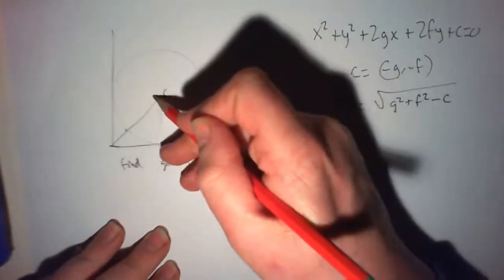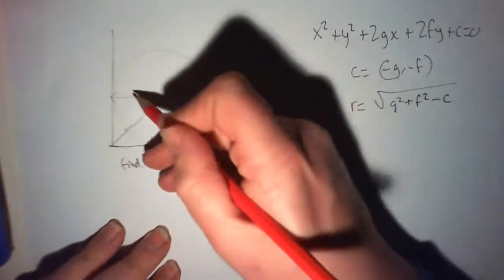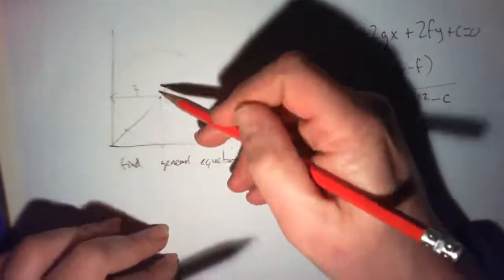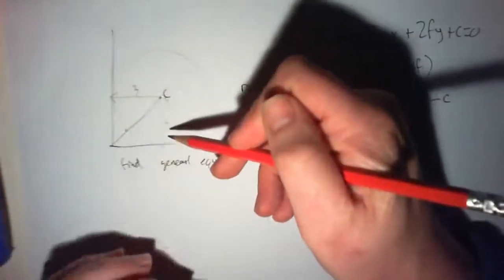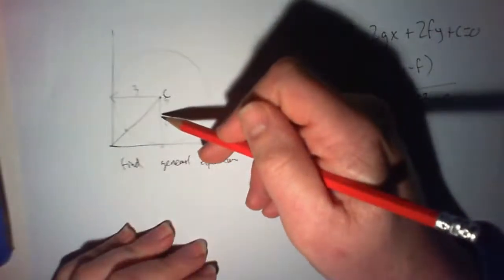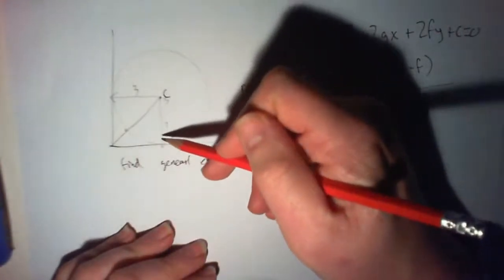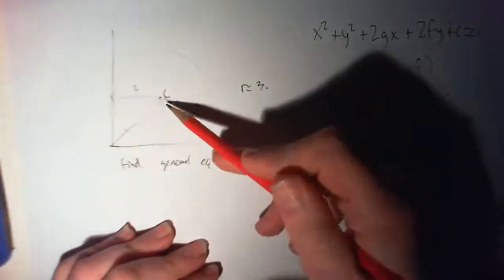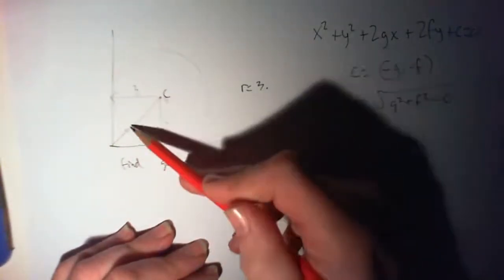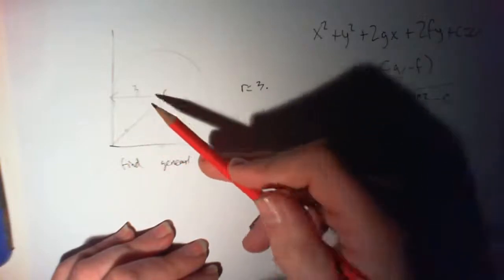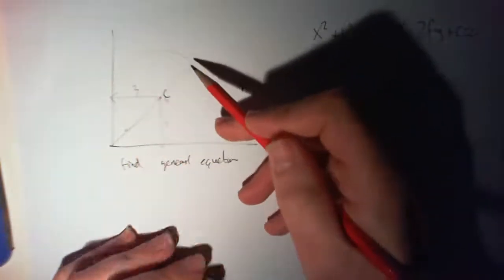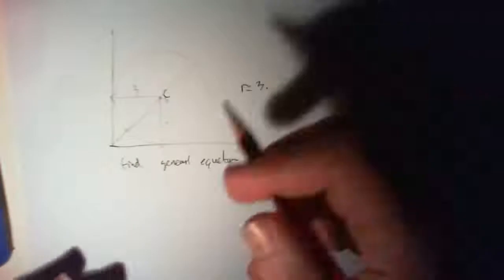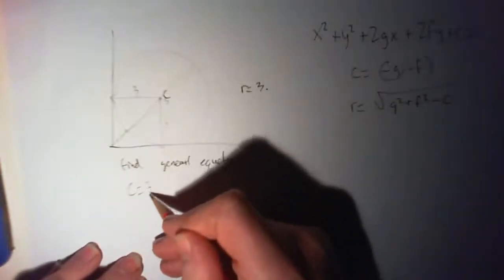So both of them are 3, and the center of that circle is 3, 3. Wouldn't that make sense? Because it's 3 from there to the edge and it's just touching. It's 3 from there down, it's just touching. So we have a center of 3, 3.